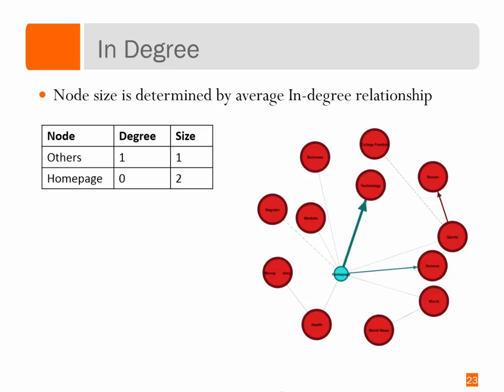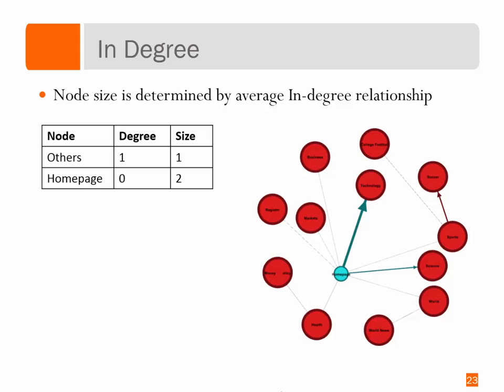When node size is determined by the average in degree relationship, we're emphasizing all of the other pages that receive information, in this case, from the home page. The home page basically establishes at least 1 relationship in for each of these, and so we assign it a size 1.